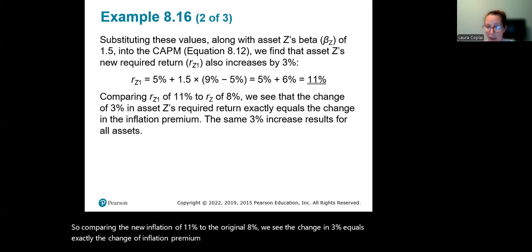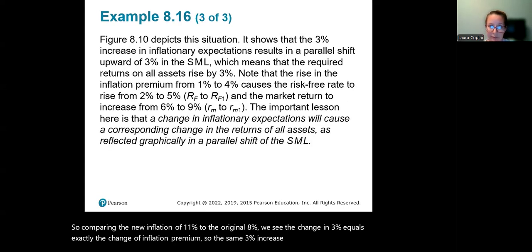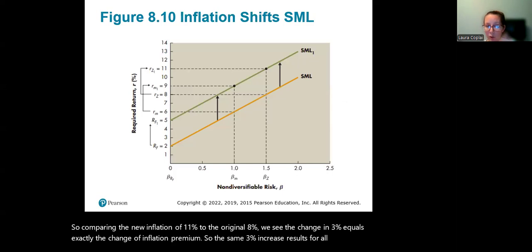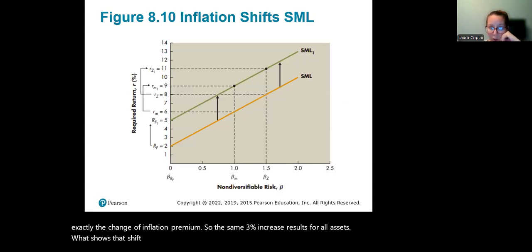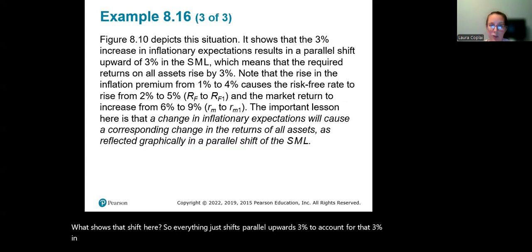So the same 3% increase results for all assets, which shows the shift here. Everything just shifts parallel upwards 3% to account for that 3% in inflation. That's what this states here, saying that the required return on all assets rises by 3%.